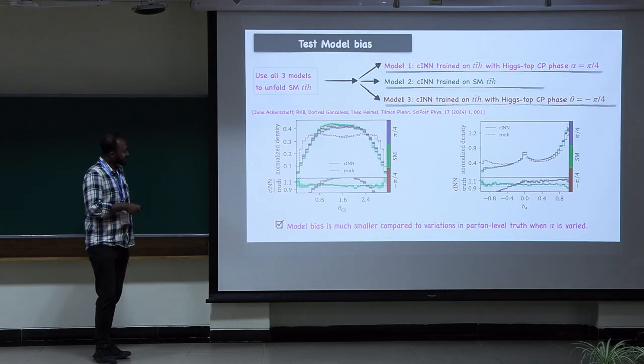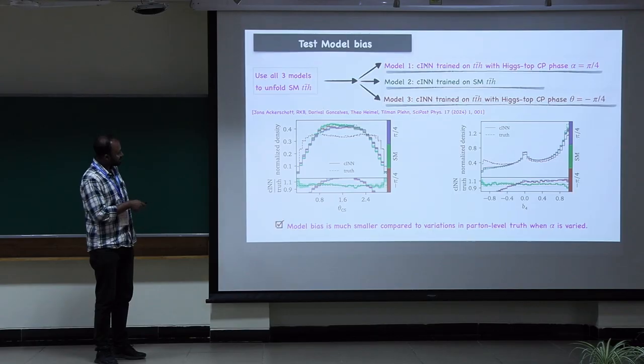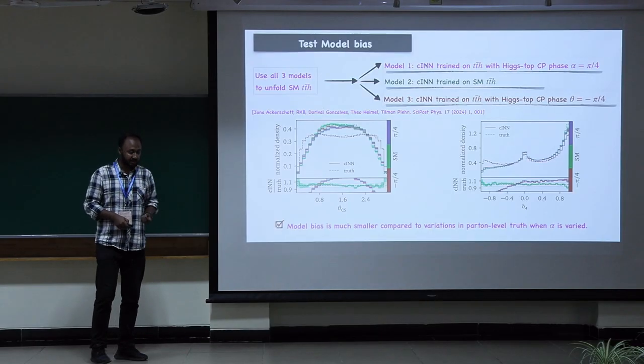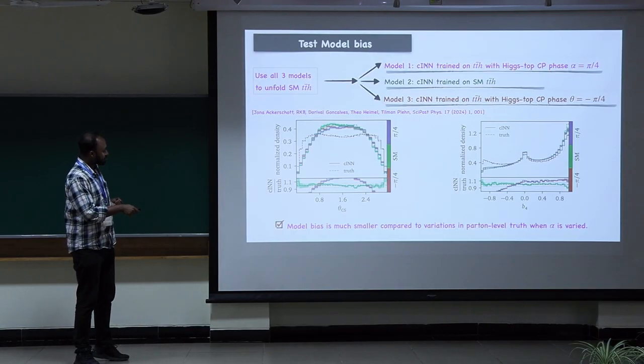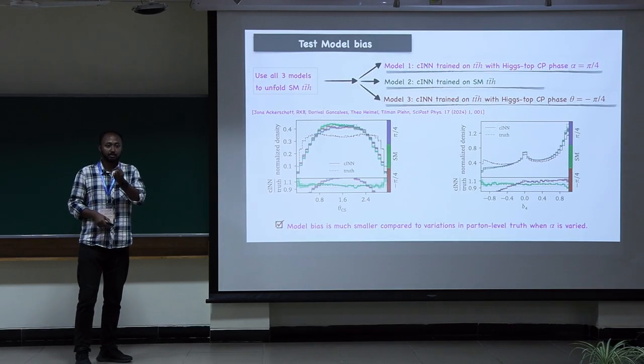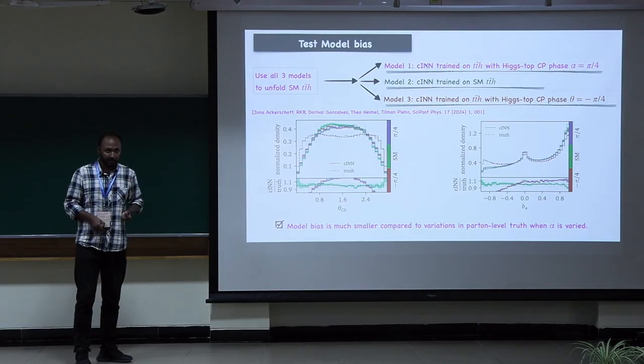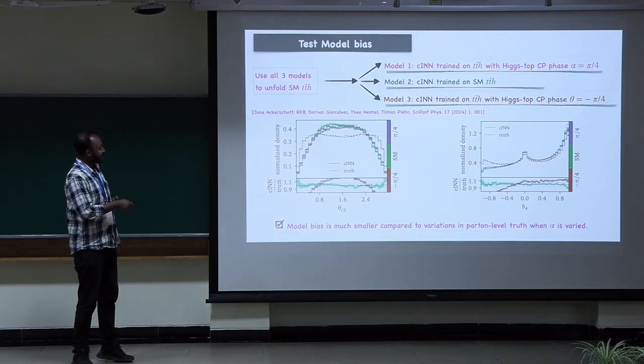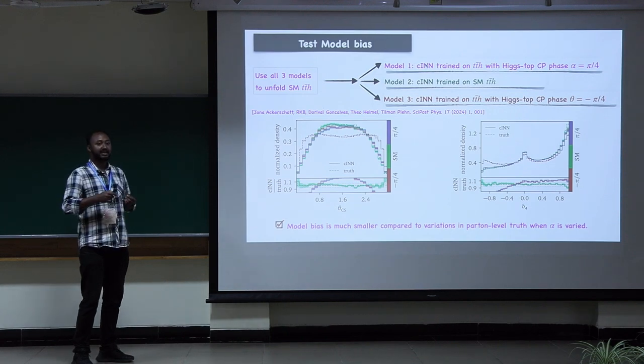Let's look at the results here. Again, the dashed lines correspond to the true parton level distribution, or the simulated parton level distribution. These flatter contours correspond to the cases where alpha is equal to plus pi by 4 or minus pi by 4. So model 1 and model 3 were actually trained on these distributions. Now here in the background, there is this green dashed distribution, which is the standard model t t-bar Higgs.